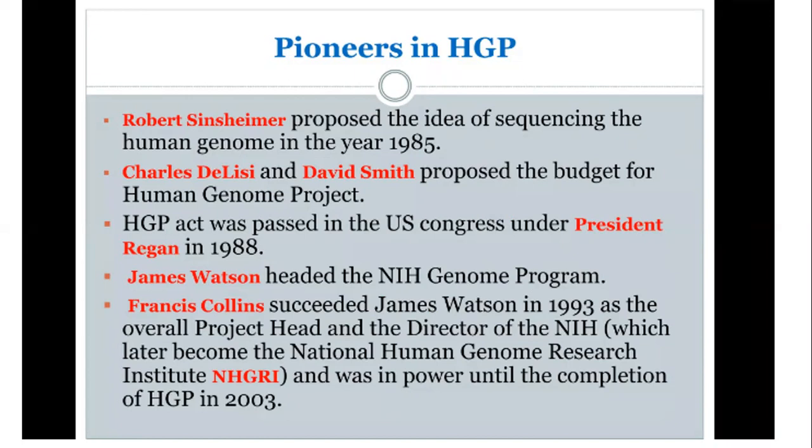Then Francis Collins succeeded James Watson in 1993 as the overall project head and director of National Institute of Health, which later became the National Human Genome Research Institute, also called NHGRI, and he was in power until the completion of the Human Genome Project in 2003.